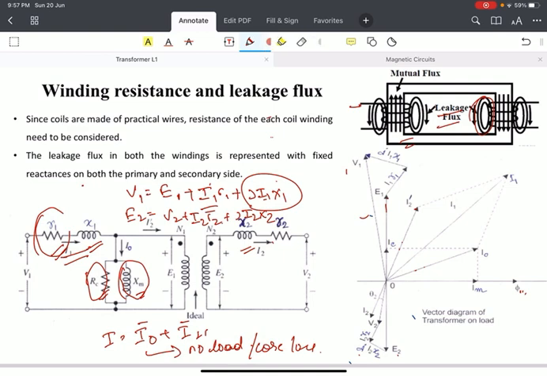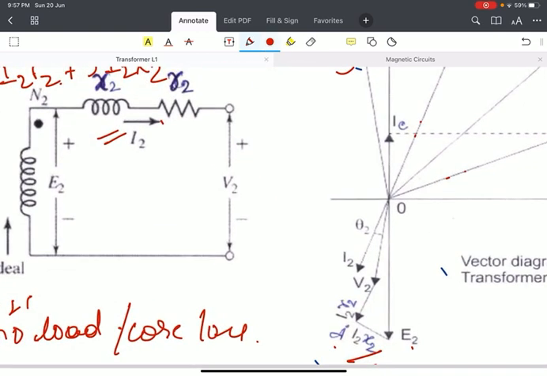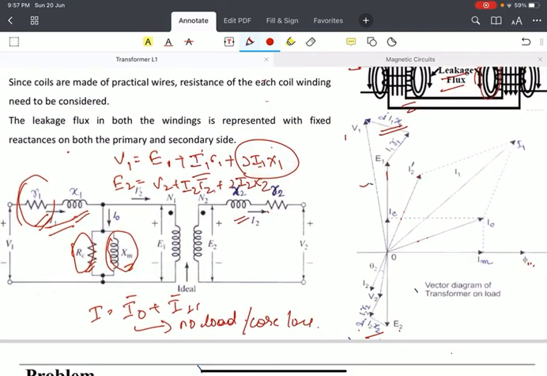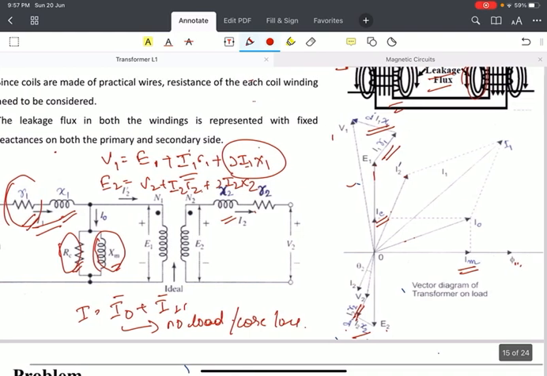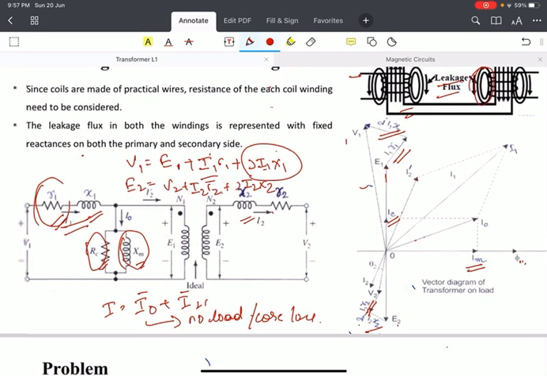We are considering leakage flux in the primary winding, leakage flux in the secondary winding, copper loss component in the secondary winding, copper loss component in the primary winding, core loss component, and magnetizing component of the current. By considering all these components, we are drawing the vector diagram of the transformer during loaded condition.